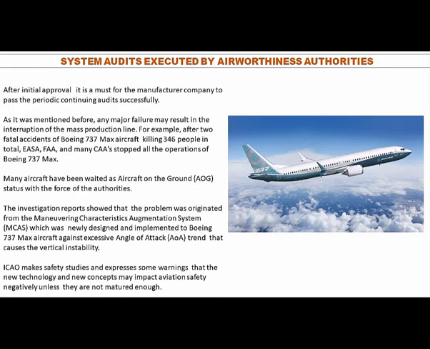The investigation reports showed that the problem originated from the Maneuvering Characteristic Augmentation System (MCAS), which was newly designed and implemented in Boeing 737 MAX aircraft against excessive angle of attack (AOA) trend that causes the vertical instability.